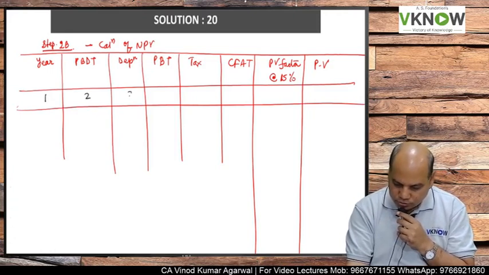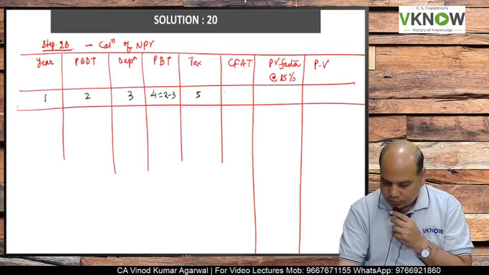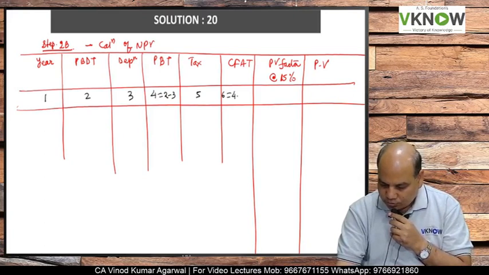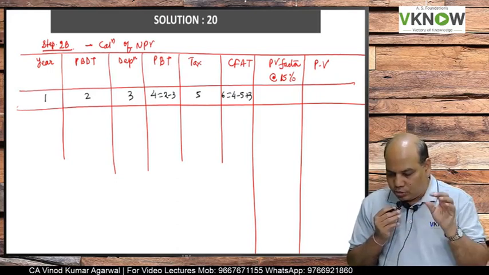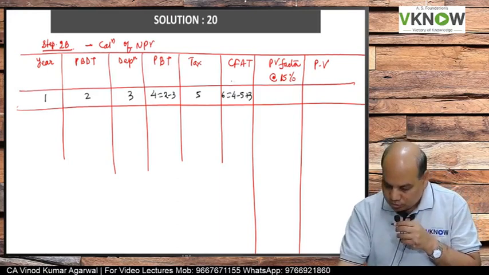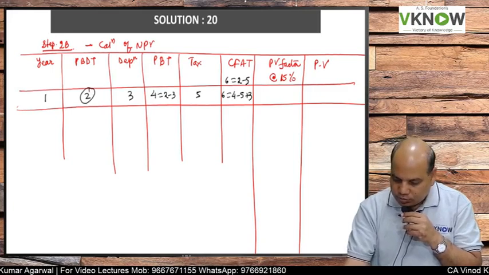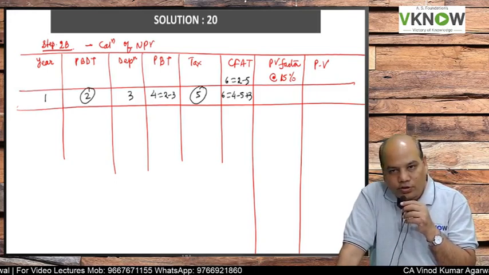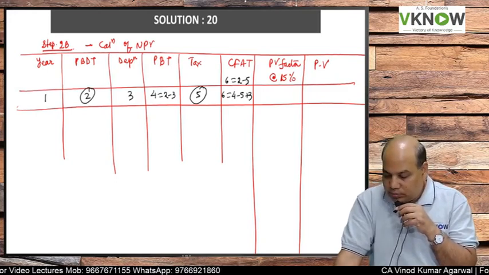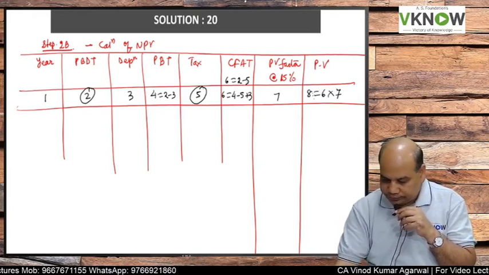Column number 1, 2, 3, 4 is 2 minus 3, 5, 6 will be 4 minus 5 plus 3, or you can say 2 minus 5. 2 is inflow, 5 is outflow, whichever helps you to do faster. Okay, and then column number 7, 6 into 7.